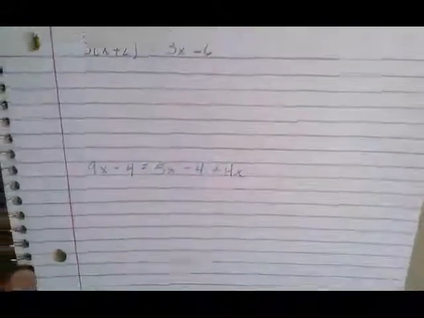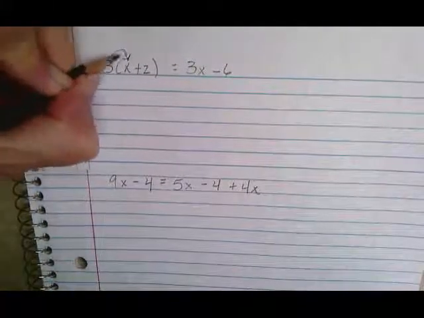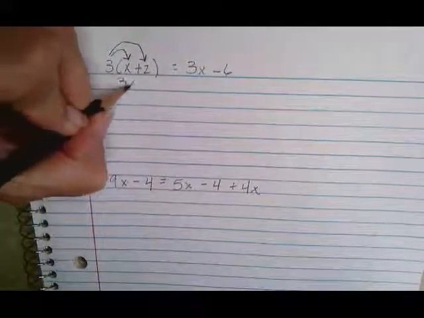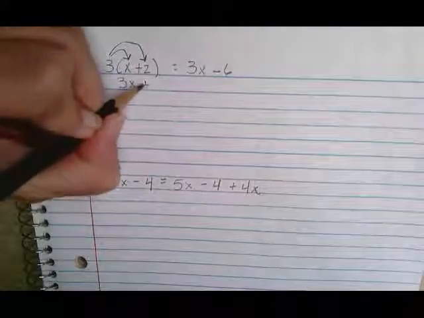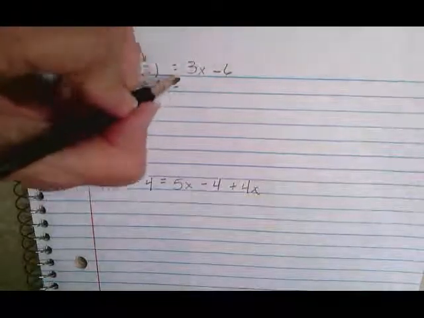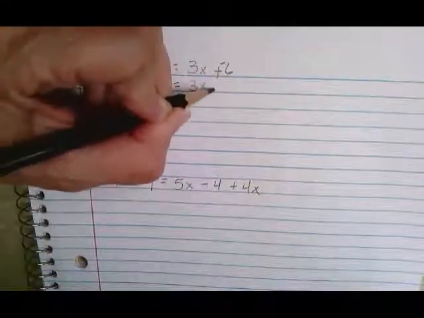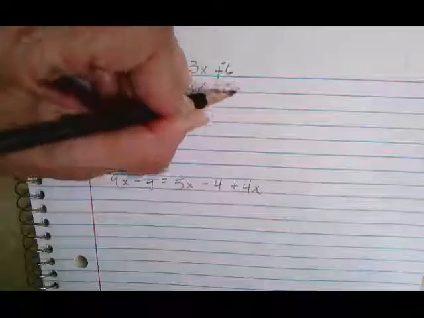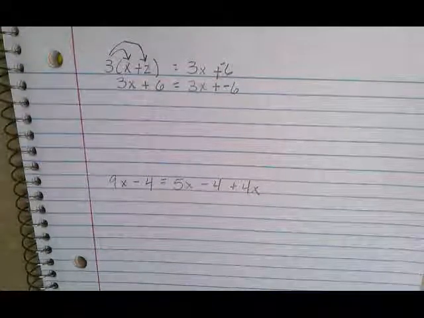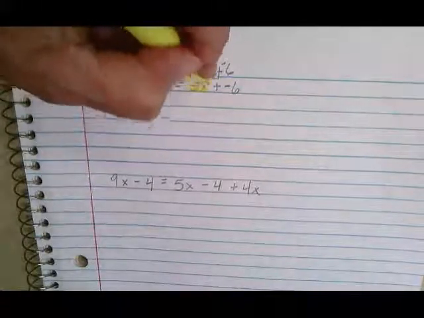Two more problems. We have parentheses here, so we're going to use the distributive property. 3 times x is 3x, plus 3 times 2 is 6. This is equal to 3x plus a negative 6. So you can see here I have the same number of x's on each side.